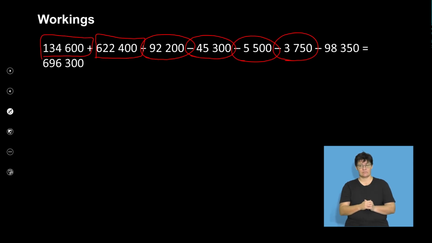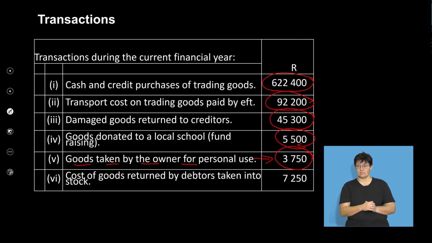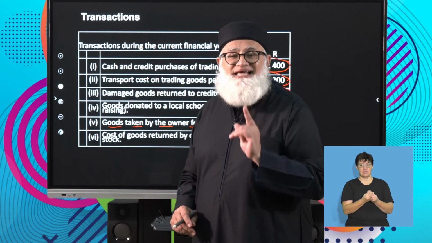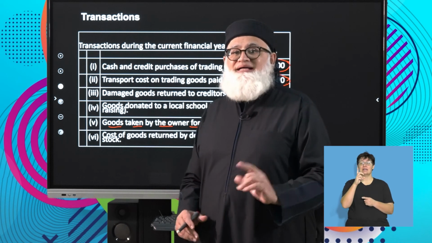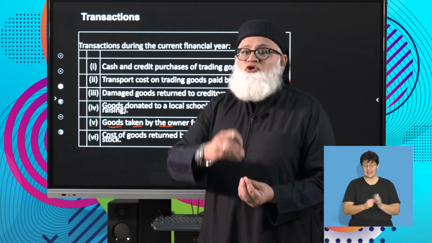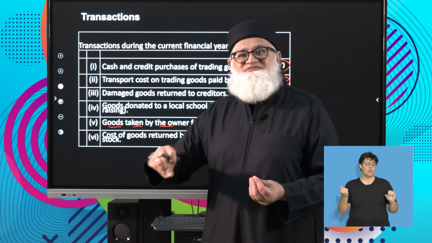Then the next part of the question said, we've done the cost of goods returned by debtors taken into stock. Okay, now watch this here. The cost of goods returned by debtors. Obviously, that particular item there is your debtors allowances. Now remember, debtors allowances is not going to impact on my cost of sales.